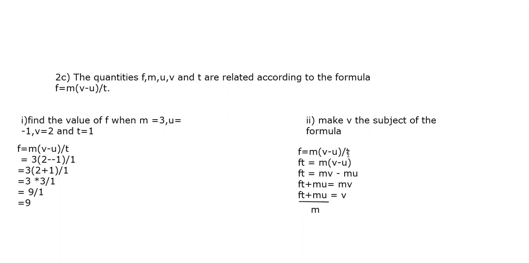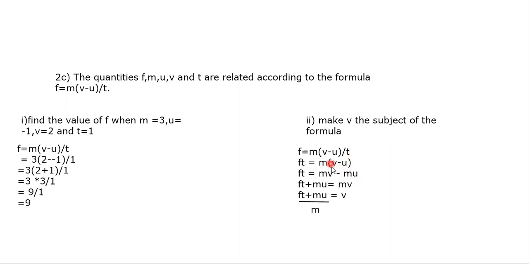So we multiply by T on both sides. So therefore, we get FT equals m open bracket v minus u close bracket.